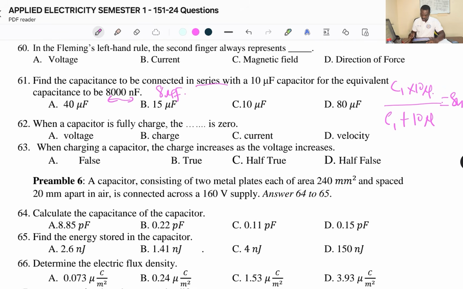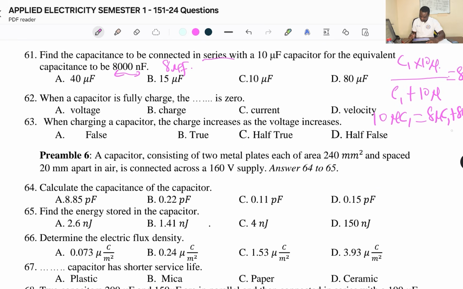Then we make C1 the subject. And what do we get? So we multiply this. So we have 10 micro C1 will be equal to 8 micro C1 plus 8 times 10, that will be 80. So 80 micro, right?